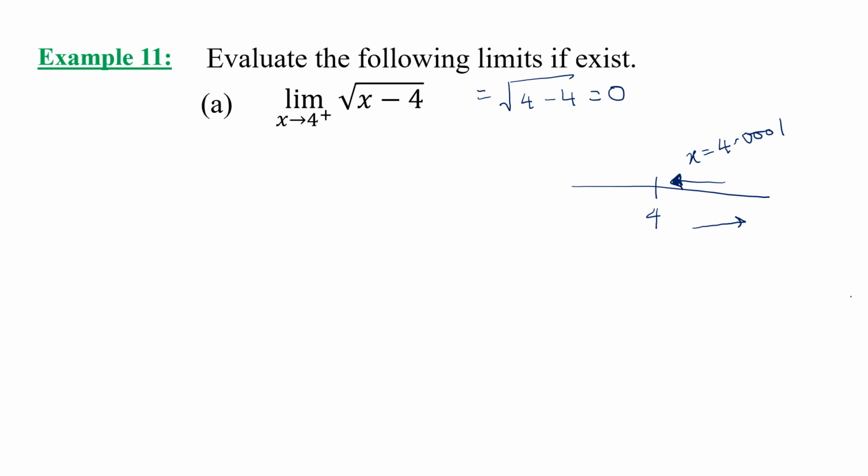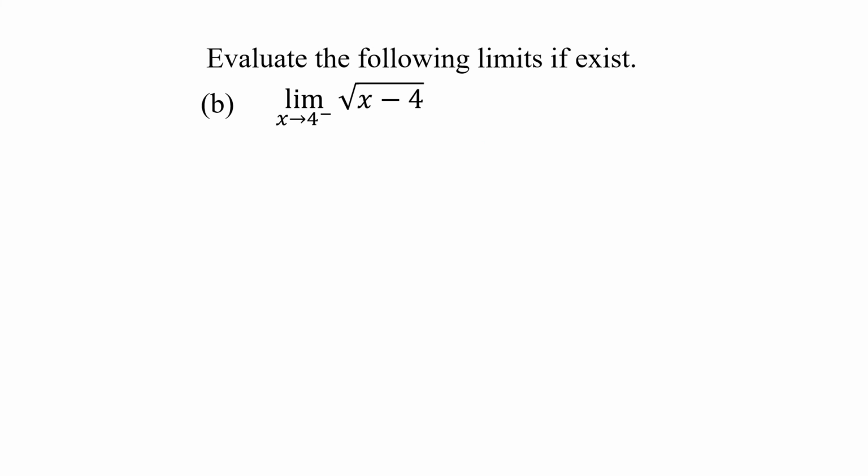So imagine that I substitute 4.0001 into the function, minus 4, and I get 0.0001, which is very close to 0. Then the square root of that is also close to 0. Therefore, we can conclude that the limit as x approaches 4 from the right of the square root of x minus 4 is approximately equal to 0.